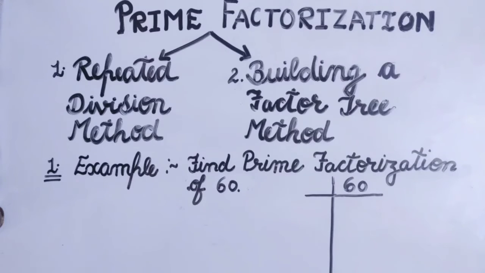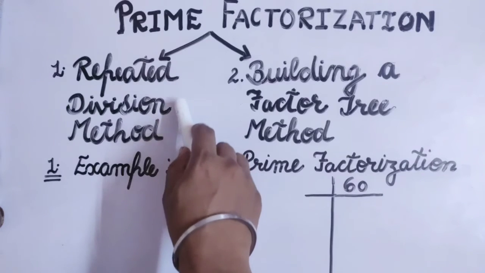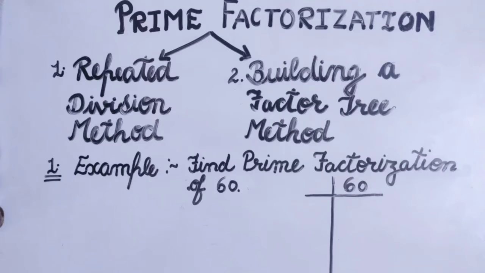So students, when we are finding prime factorization with the repeated division method, what do we have to do?